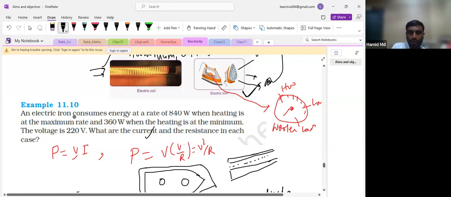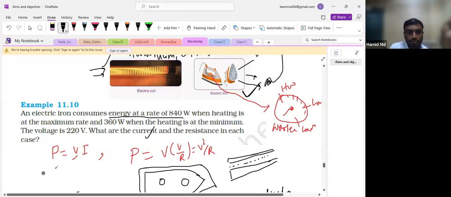See, this is the energy. Energy is what? Energy will be power. Power is work done per unit time, and energy is the same quantity.